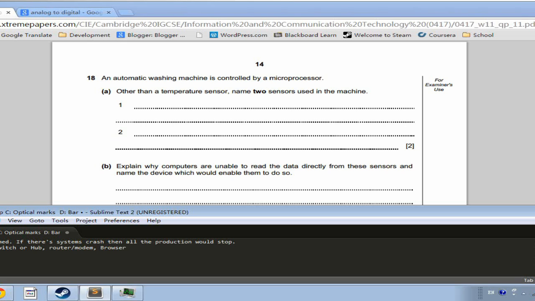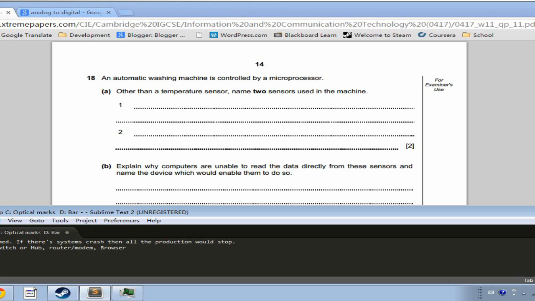So washing machine, we're going to be dealing with a lot of water. So we probably want to have a moisture sensor in there. So we want to know if there's water flowing in or not, if the drum is empty or not.